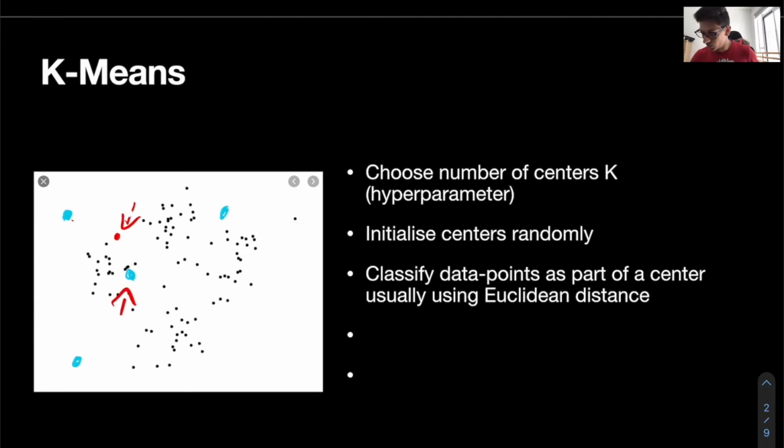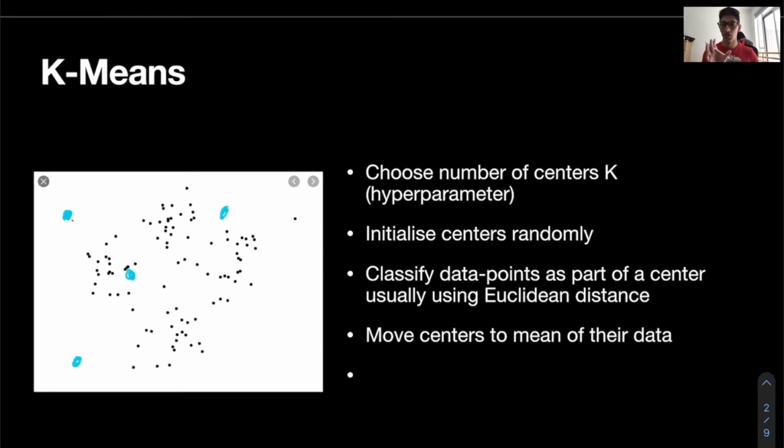After we do that, we move the centers to the mean of their data. So this point, this point, this point, this point, they're all part of this center, this group. Similarly, these points are part of this one, these points are part of this one, and these points here are part of this one.